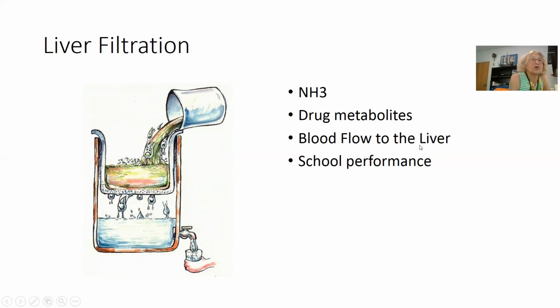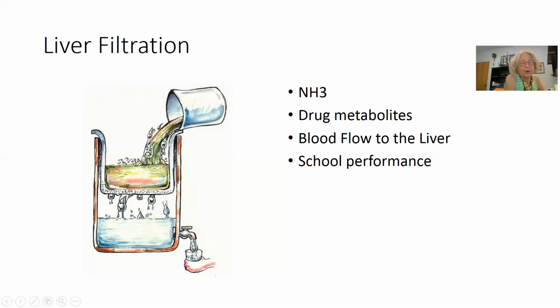It has a dual blood supply in that most of it comes from the portal vein, but some from the artery. You can actually monitor school performance as a way of following somebody with chronic liver disease. They get subtle changes in how they're able to do math and things like that, which you can pick up on neuropsych testing, but also just by asking them what their grades are.